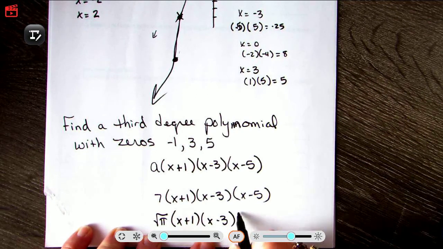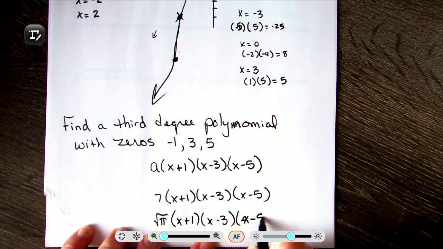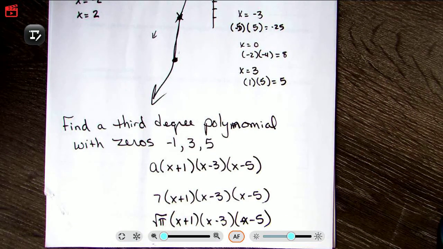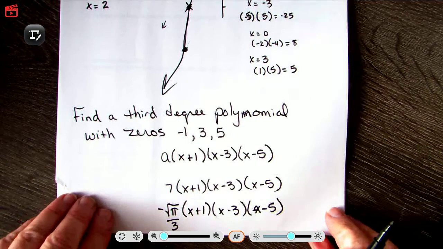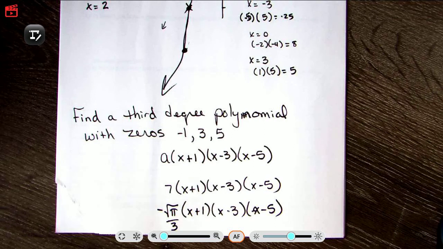Now talk about ugly. In front. Or make it even negative. And then divide that by 3. So there we have that really ugly leading coefficient. But it's a number. It's just a really ugly number. But the factors would all be the same. So that's how we could find almost any third degree polynomial with those zeros.